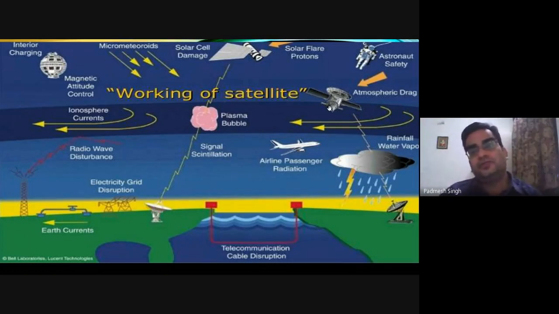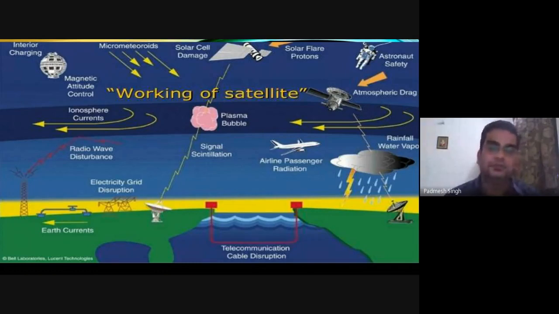These are the challenges which we are facing with satellites in our space. So the problems associated with the space are atmospheric drag, solar flare, meteoroids, and interior charging. Interior charging means there are various kinds of batteries that cause collection of charge at some surface of the satellite. That charge may cause spark over and may damage satellite.